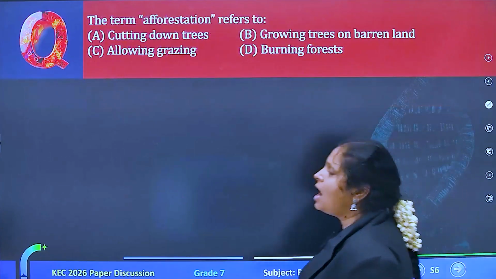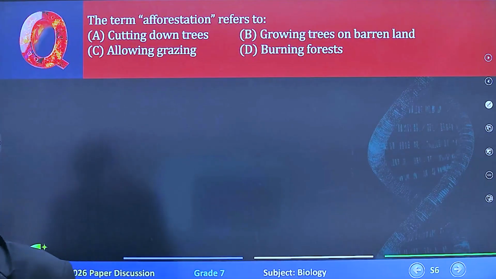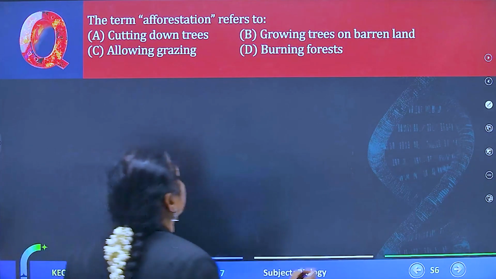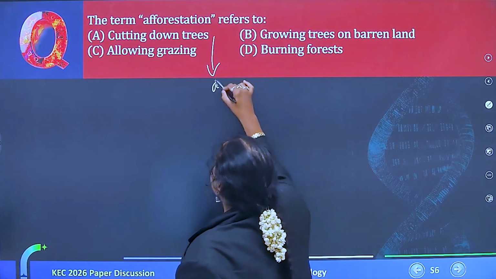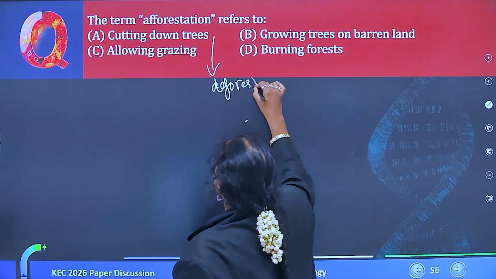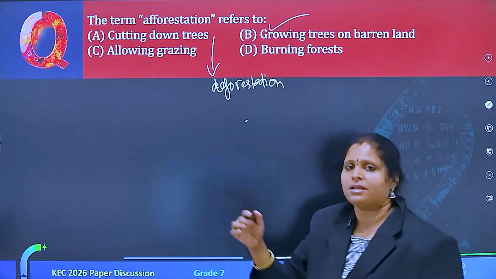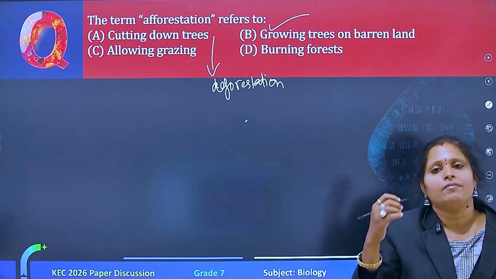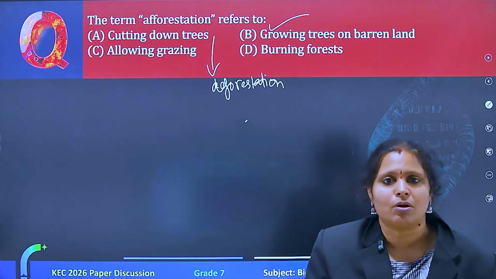Next question. The term afforestation refers to. Cutting down trees is called deforestation, so that is wrong. Growing trees on barren land: barren land means where no plant is grown as of now.